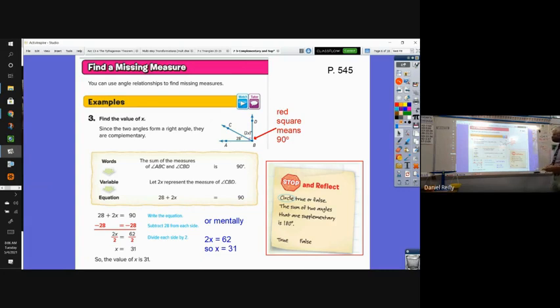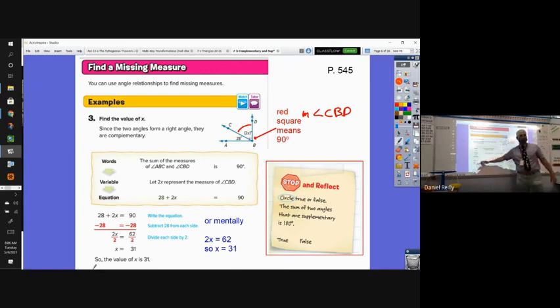Okay? So, in the book, these problems have a lot of algebra pieces to them. Instead of just asking you what is the measure of this angle, which would be the more straightforward question, what is the measure of angle CBD, they give you this little algebra expression in there and ask you for what is the value for x.